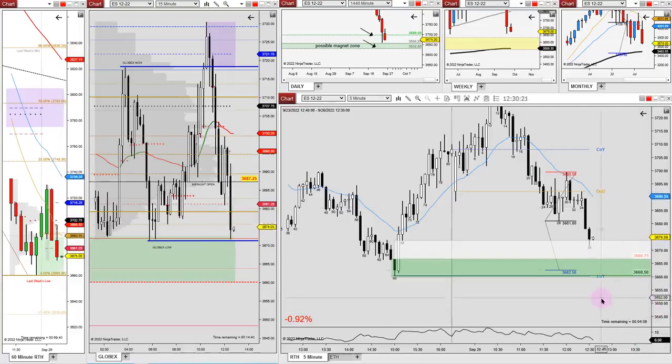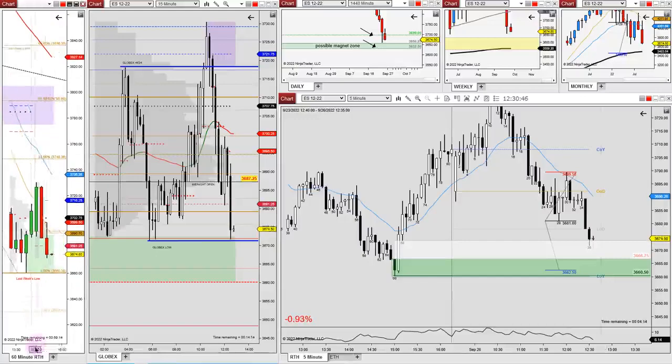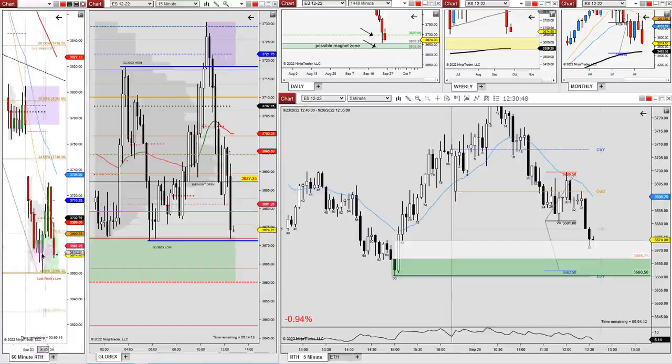So let's see if we can continue. I'd like to see a little bit more continuation. It's obviously bearish. Last week's low becomes its magnet, but we shall see. You see these wicks right there on the hourly chart?